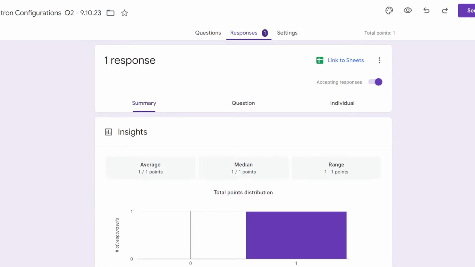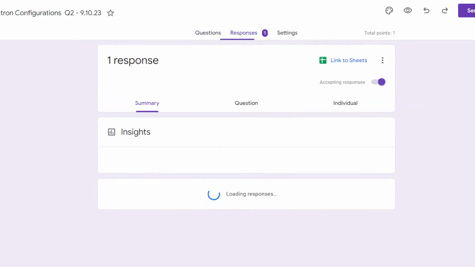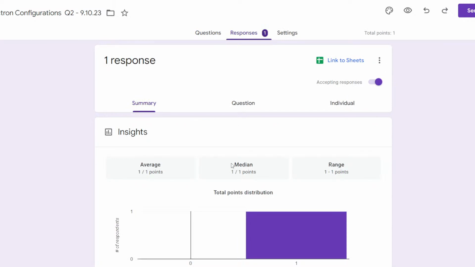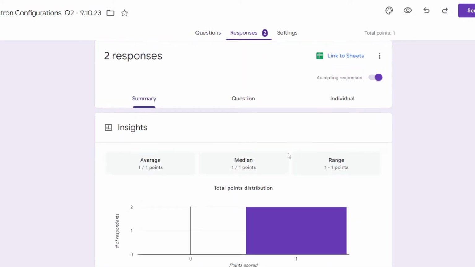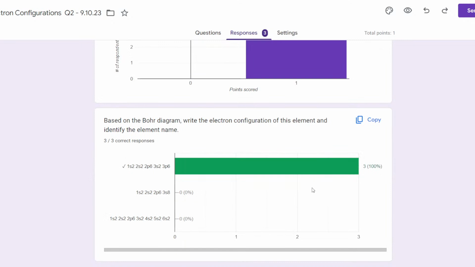Very cool. And reload that. I think it does it automatically. It's pretty cool. All right, I'm going to let that go for just another few seconds since this is a longer problem. 2 responses. Both of them right. Wow, you guys are good. Everybody's getting it right. 3 responses.